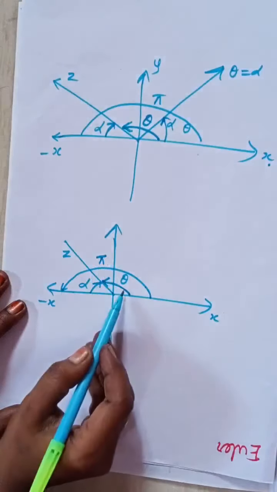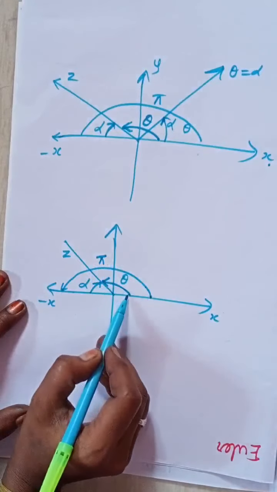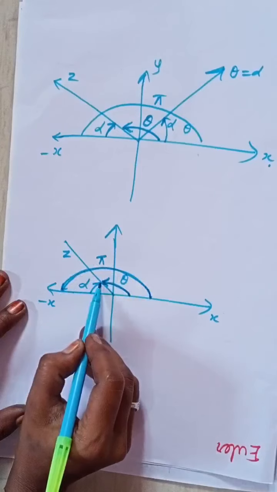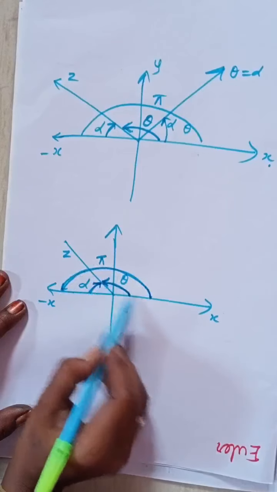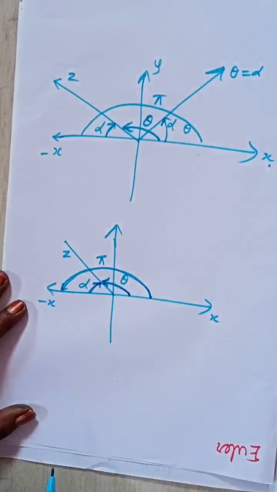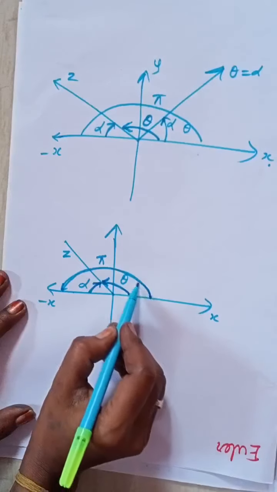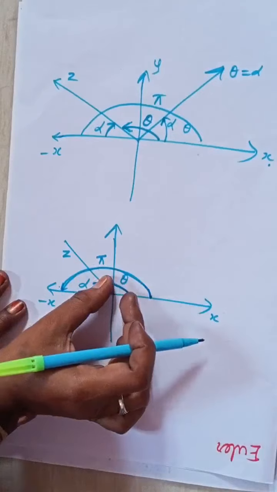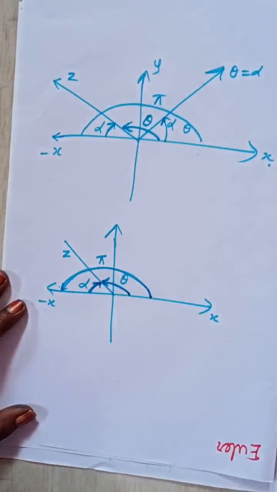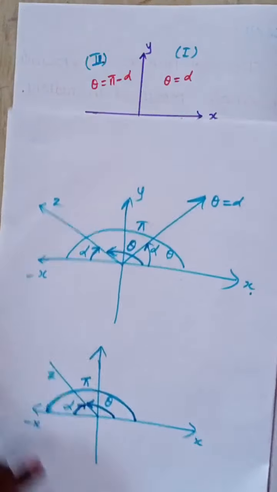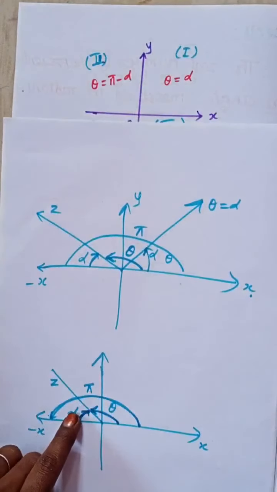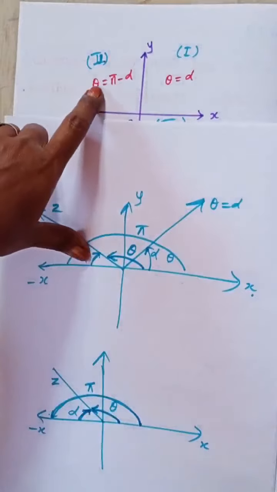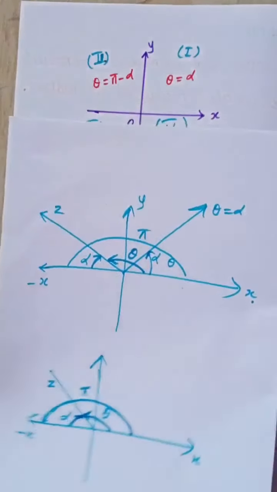We need theta, so the overall pi minus the alpha value gives theta. Do you understand? 180 minus alpha gives theta. So theta equals pi minus alpha.